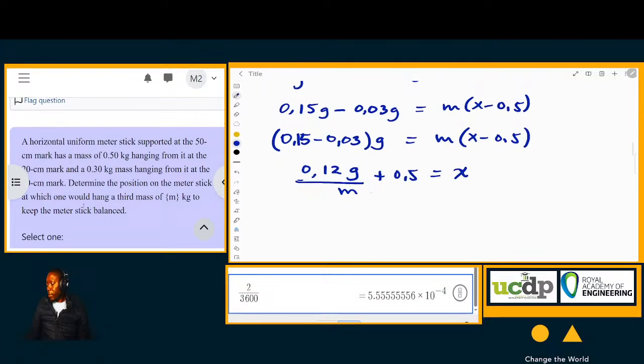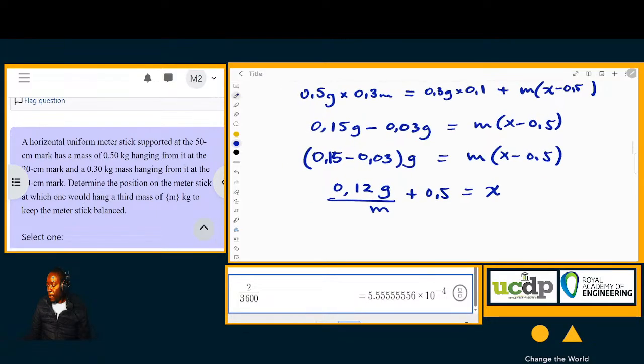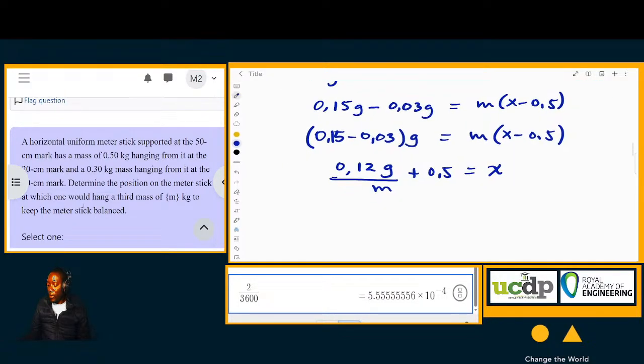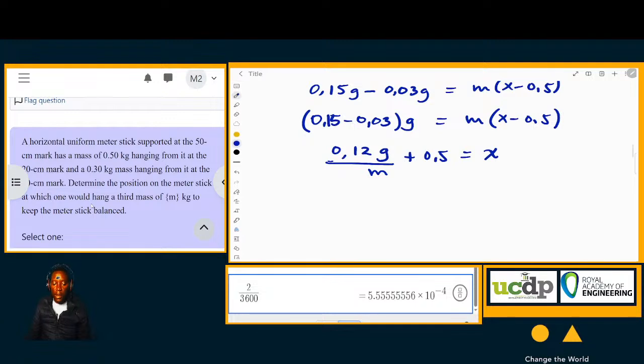We divide by m, then add 0.5 on both sides to remain with x. So x is 0.12 multiplied by g over m, plus 0.5, everything in meters.